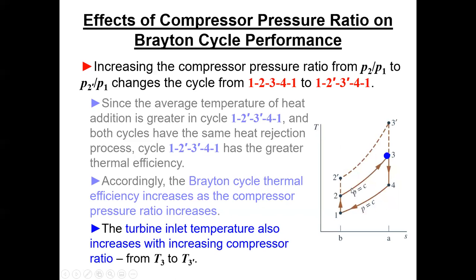And notice that the turbine inlet temperature also increases. So after we up this pressure, we're now operating from 2 prime to 3 prime. That could be a significant increase in temperature going into the turbine. I wonder if that could be a problem.